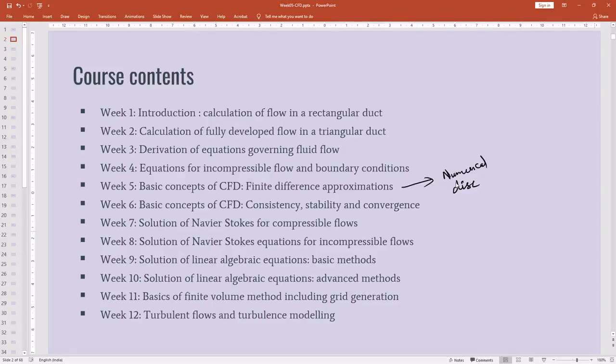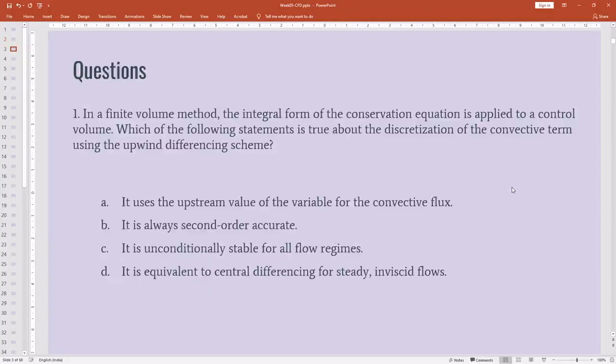Mostly our flow physics, or the problem physics, is represented by using PDEs, partial differential equations. So how these partial differential equations can be discretized, and what all the different varieties of partial differential equations are that we mostly deal with in our CFD. All these were discussed in our week 5 lectures. So let's move on to the questions.